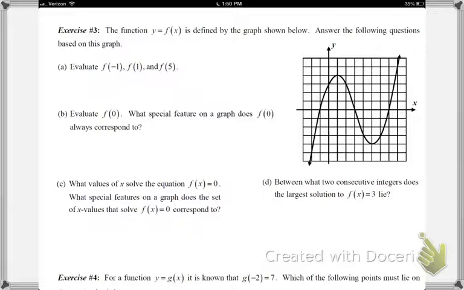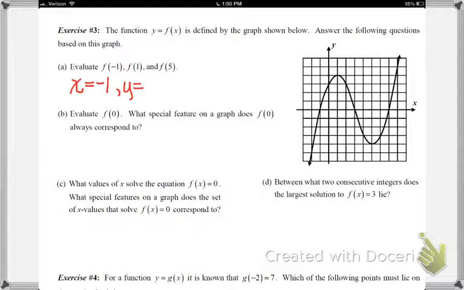We just want to know what is f at -1. So in other words, if we have an input value of x is equal to -1, what will our y value be? So let's go to our graph and plot the point where x is equal to -1.